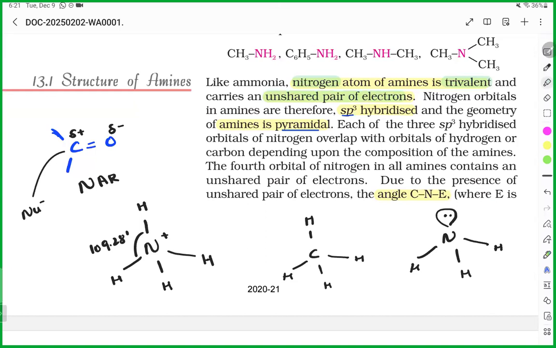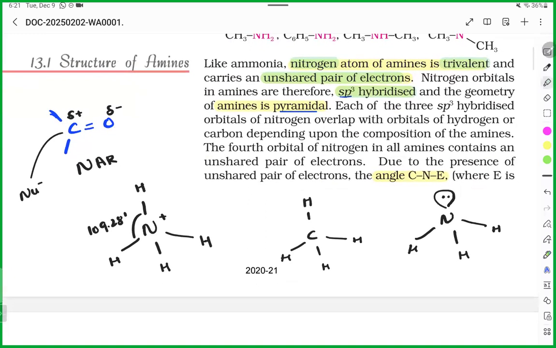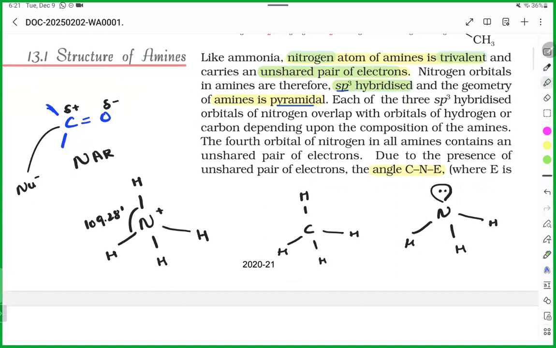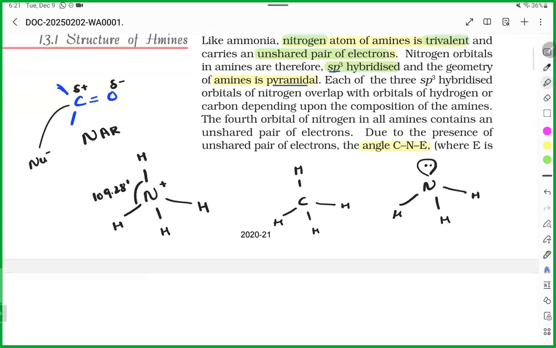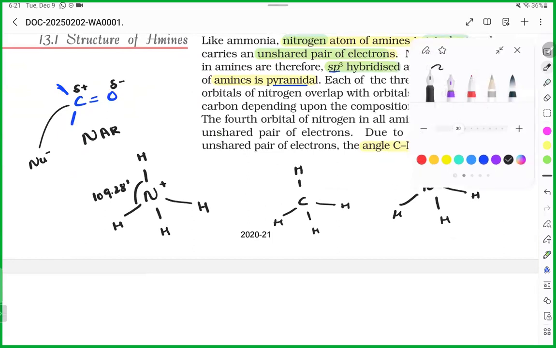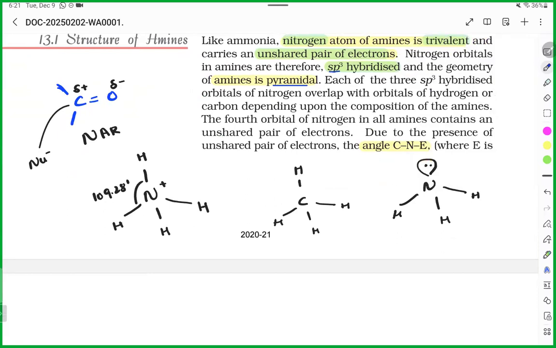Sarah, why is nitrogen in this case sp3 hybridized? How do we calculate? Can you repeat? How is it sp3 hybridized? Samarth. Sir, B plus L is 4.